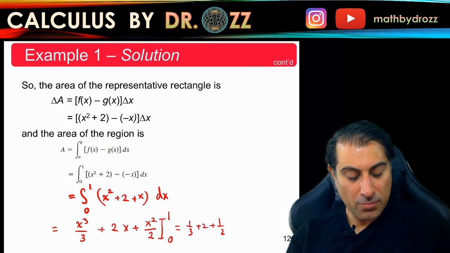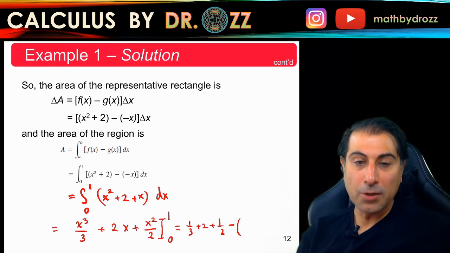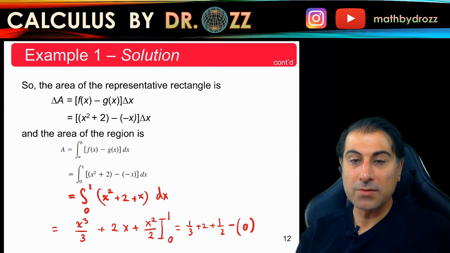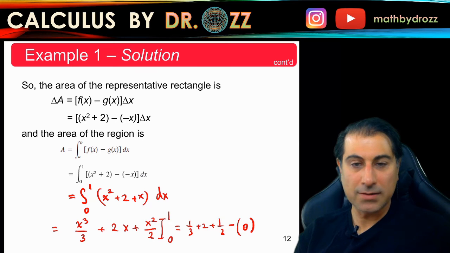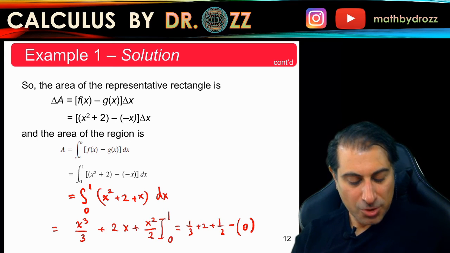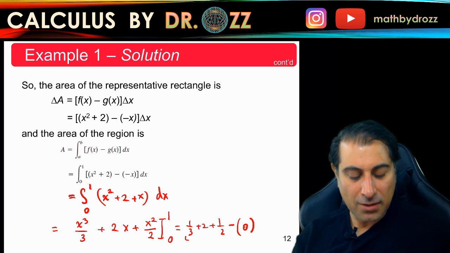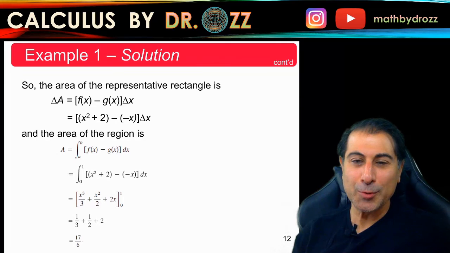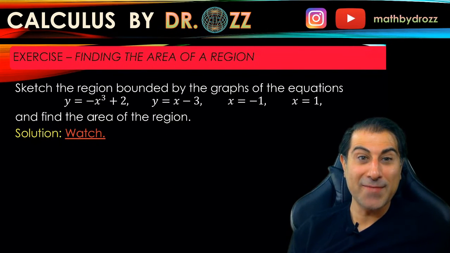And then we substitute the lower limit, but the lower limit takes you to 0 all the way, right? Because if you substitute 0 for x, that is going to add up to 0. So then this should be the final answer, which is 17/6.